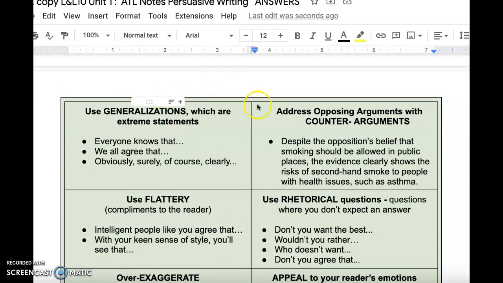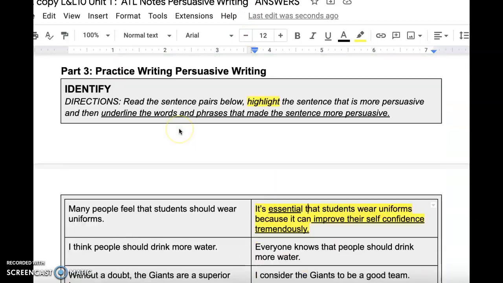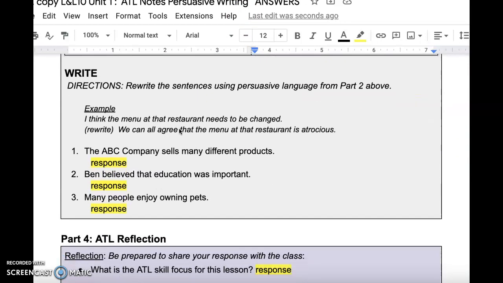I'm going to look at these strategies here, and I'm also going to look at the words with power and see how I can rewrite it more effectively. And so this one is, we can all agree that the menu at that restaurant is atrocious. So this is a much stronger sentence. So you've got 3 sentences, and you need to rewrite them to make them more persuasive.